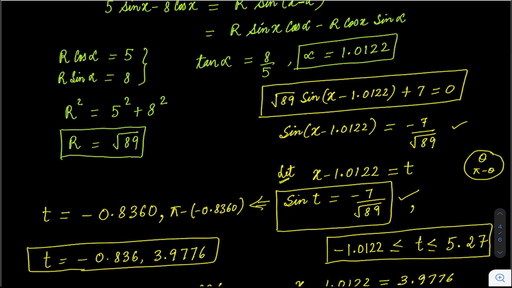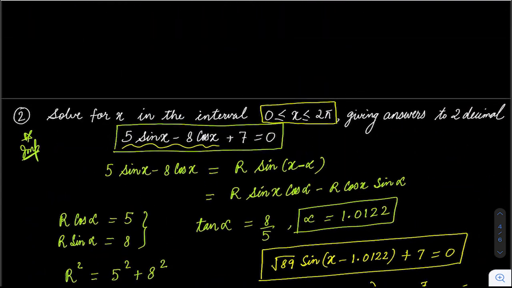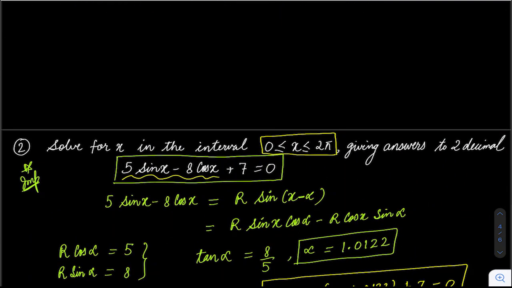After that we find the values of t. We got two values, and then we substitute back the values of t to get the values of x. So this is how we use these equivalent forms. Okay, thanks for watching.